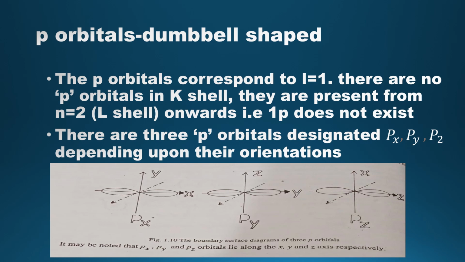There are 3 p orbitals designated px, py and pz depending upon their orientation. The px, py and pz orbitals are shown in the figure. px orbital along x-axis, py orbital along y-axis, pz orbital along z-axis.